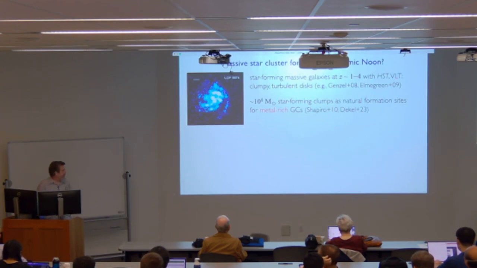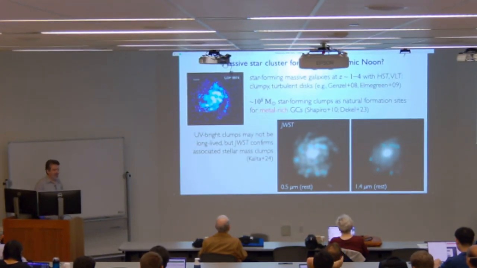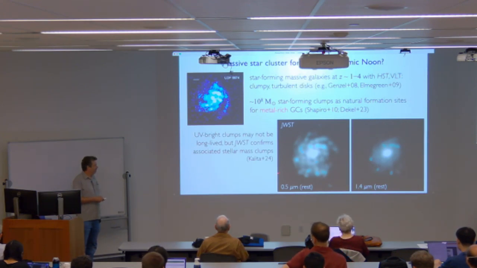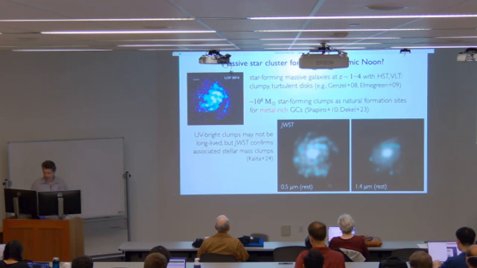If you don't do it there, then where else are you going to do it? There's a lot of uncertainty about how long these live, and whether they are really stellar mass clumps. So now JWST results are starting to come in, and they find that at least some of these galaxies seem to have long-lived stellar mass clumps. That could start resolving some of these questions about whether these are really places you could birth massive star clusters that survive.